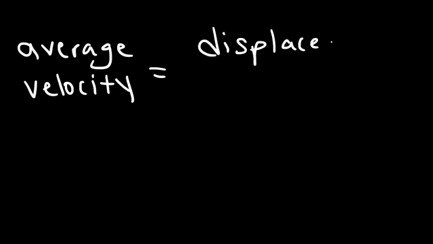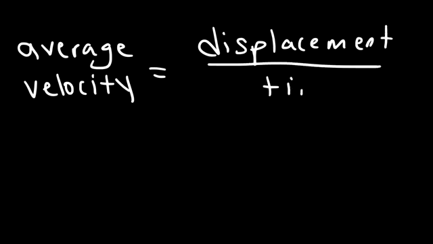Now what about average velocity? Let's say we wish to calculate average velocity, how can we do so? Average velocity is equal to displacement divided by the total time. So in this case, the formula looks the same.